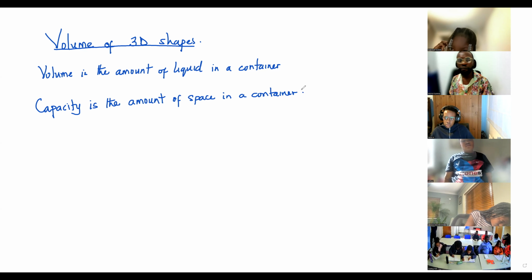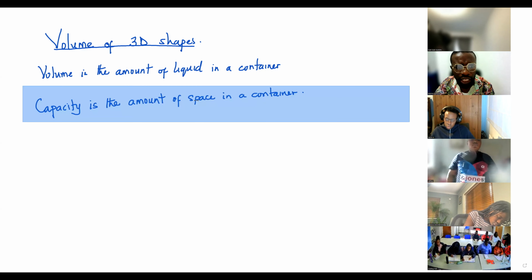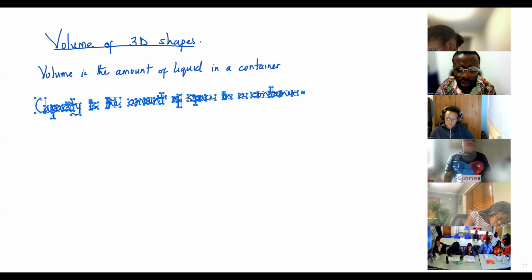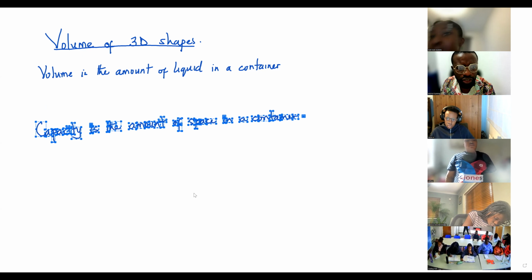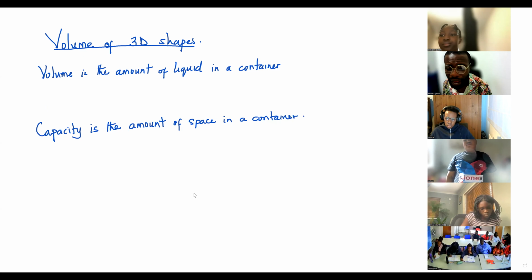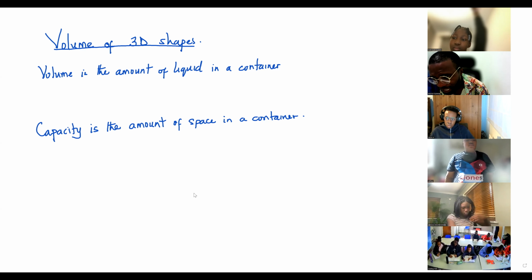So let's see the difference between volume and capacity. Volume is the amount of liquid in a container. You see that? Whereas capacity is the amount of space in a container.